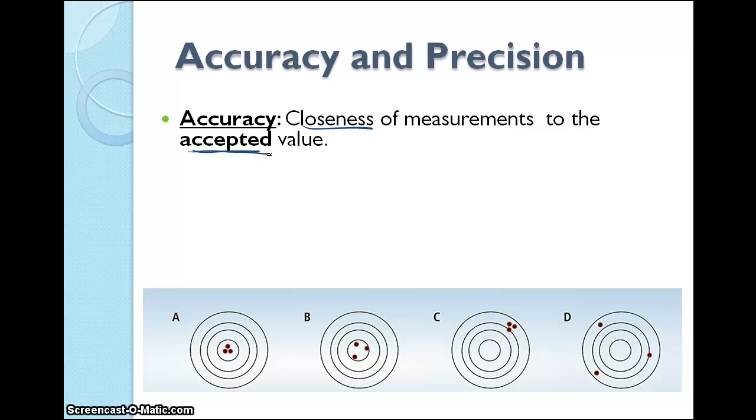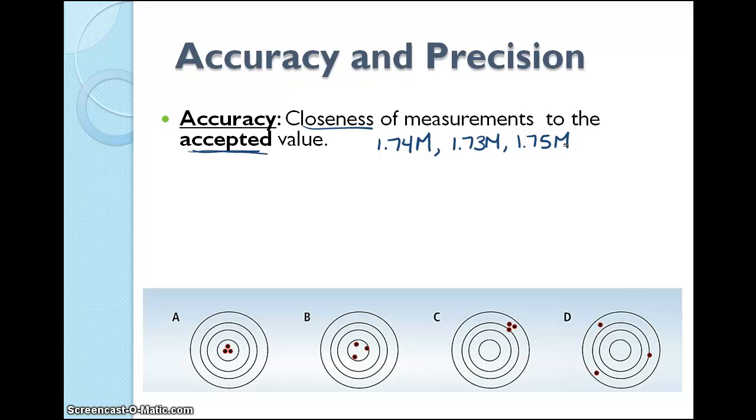For example, let's say you have three concentrations of a solution: 1.74 molar, 1.73 molar, and 1.75 molar. These three measurements are very close to each other.